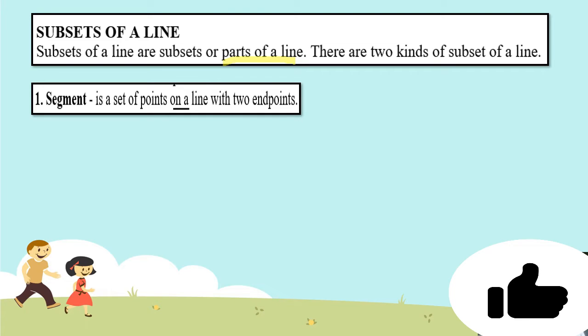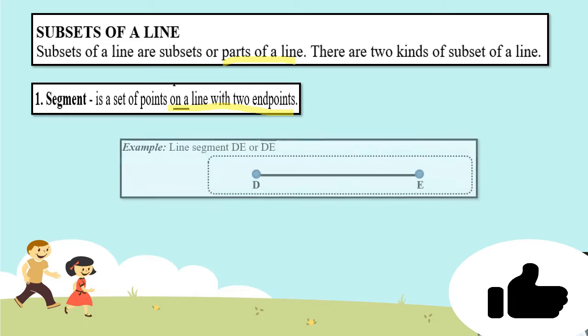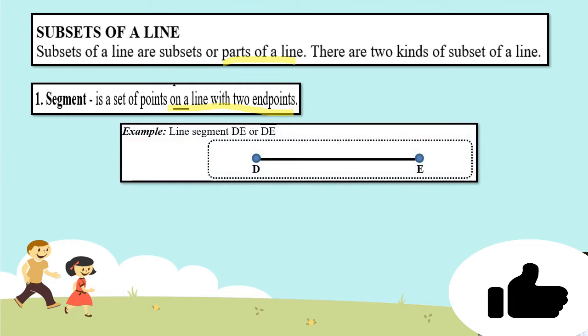When we say segment, it's a set of points on a line with two endpoints. Example: line segment DE. So from point D to point E is already considered as segment DE.